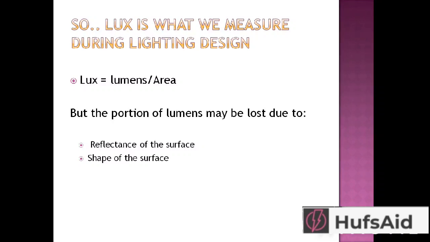And if the shape of my surfaces traps light, say I have many dark colored boxes placed in my room, then obviously a lot of light would be lost, so my lux level would change depending upon these factors.